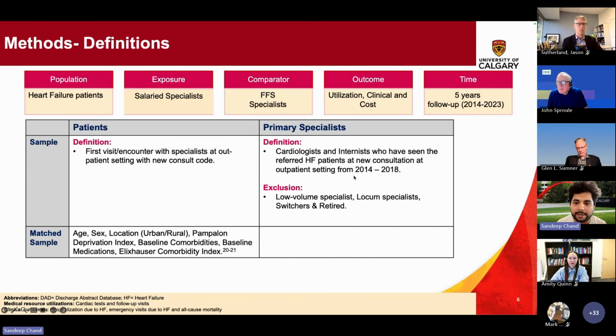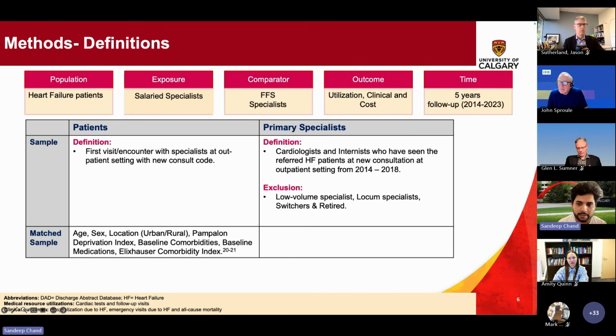On the specialist side, we included cardiologists and general internists who stayed in the same payment model for at least 6 years, excluding switchers, locum physicians, physicians near retirement, and very low volume physicians. That left 237 specialists and 7,385 patients.